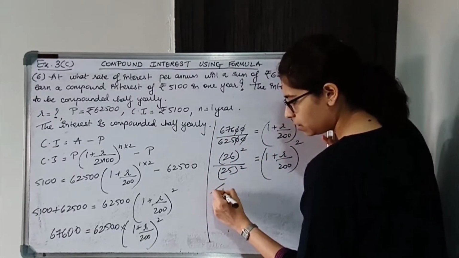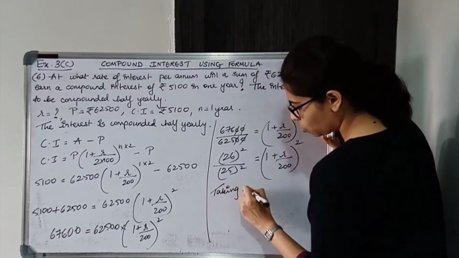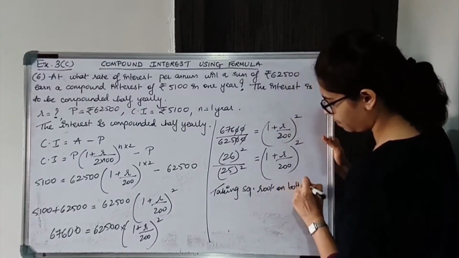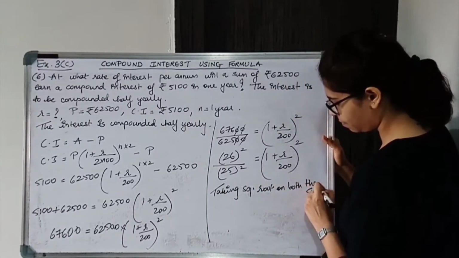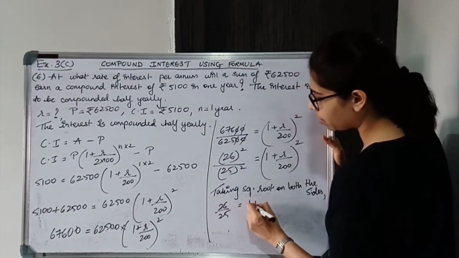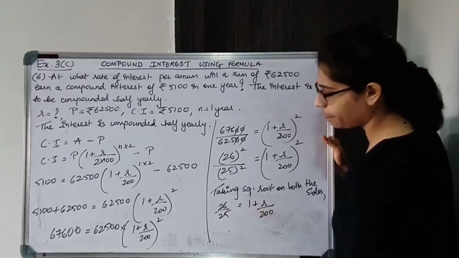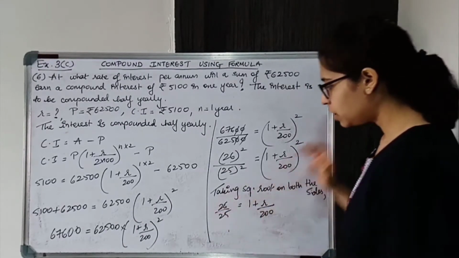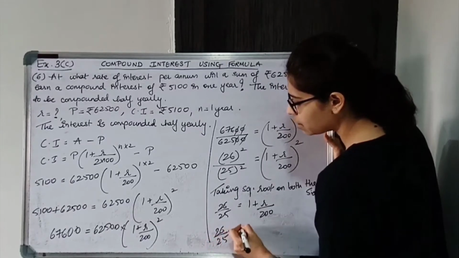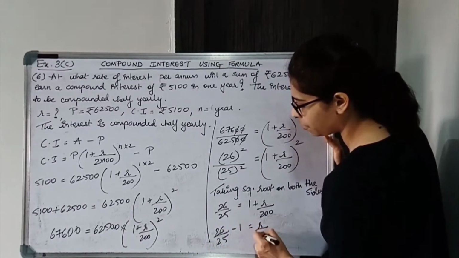So taking square root on both the sides. So we get 26 upon 25 is equal to 1 plus R upon 200. Okay, shift 1 on the other side. So we get 26 upon 25 minus 1 is equal to R upon 200.